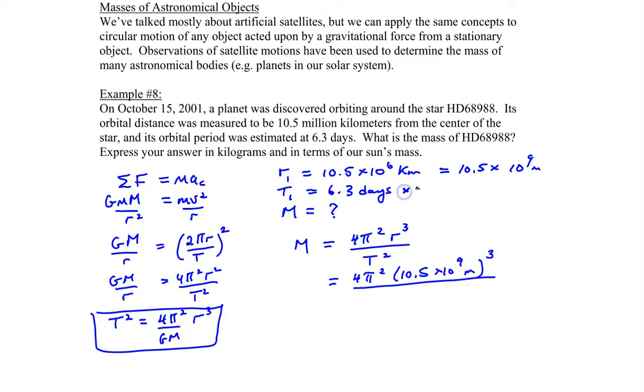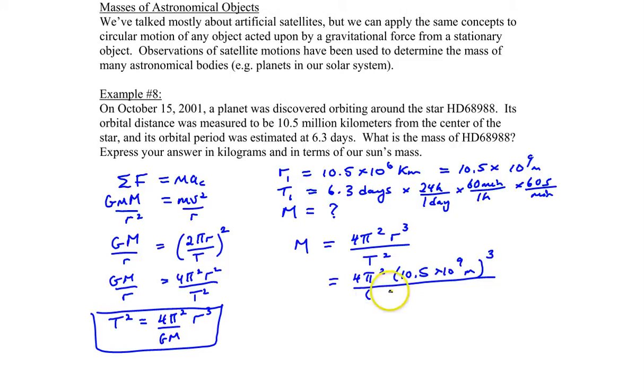So 6.3 days, we multiply by 24 hours over 1 day, then 60 minutes over 1 hour, and 60 seconds in 1 minute.